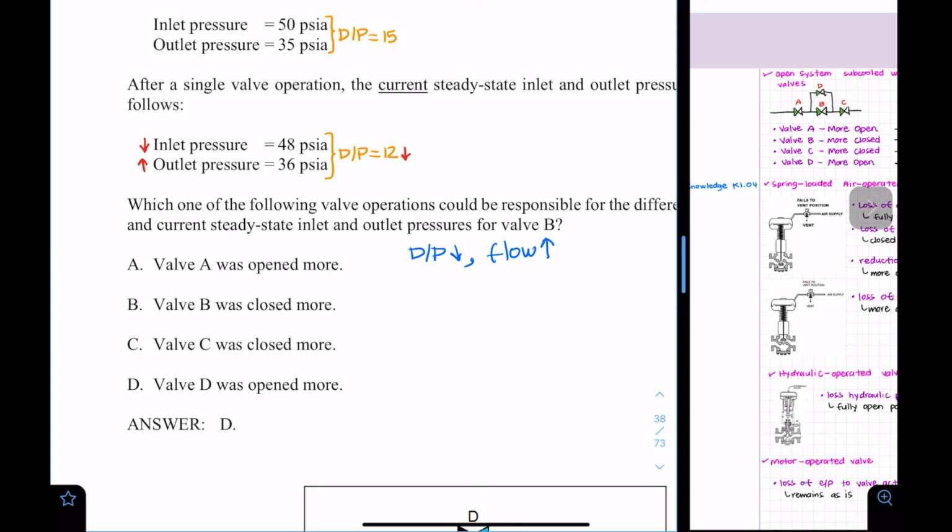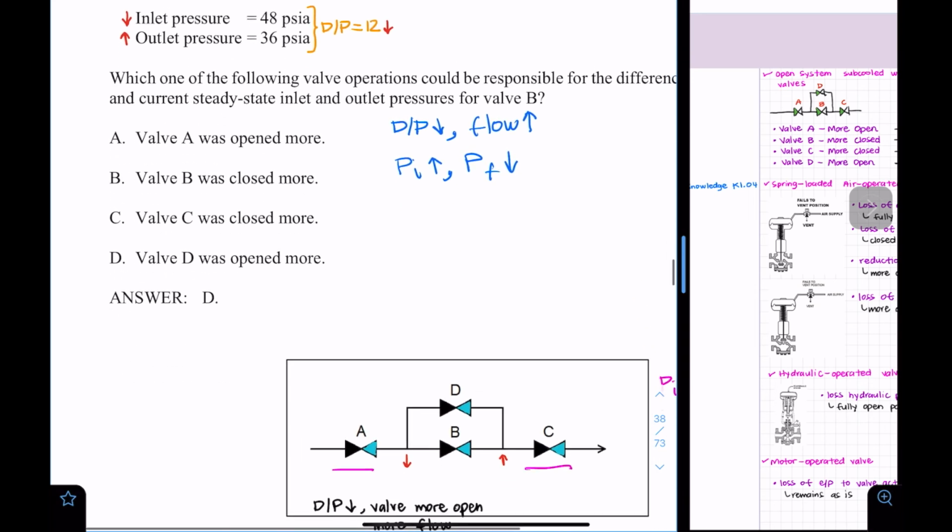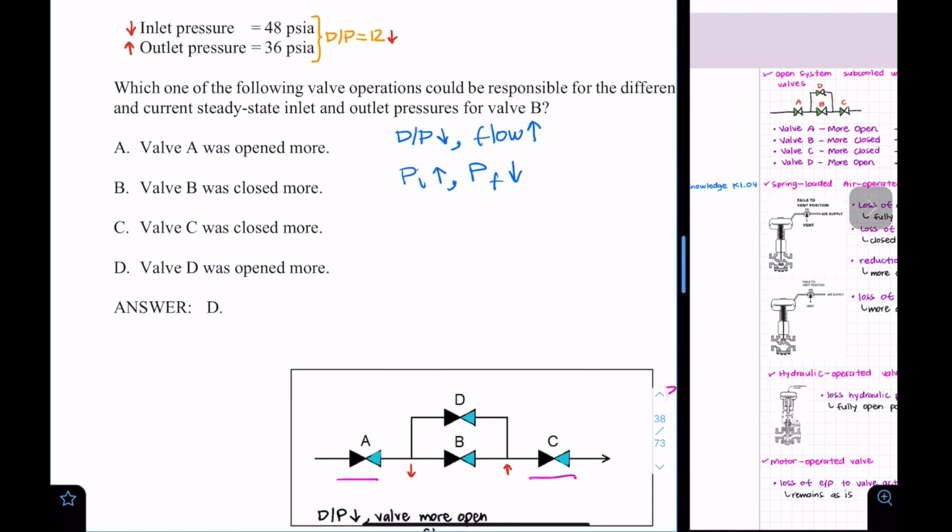And we know that if the pressure inlet and outlet are different directions, that means that we're working with the valve in the middle, right?